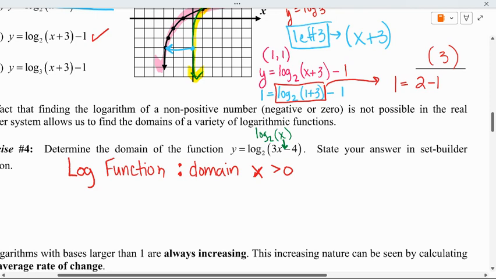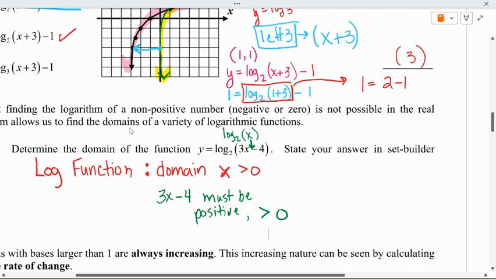The input. So it means that 3x minus 4 must be positive, or greater than 0.